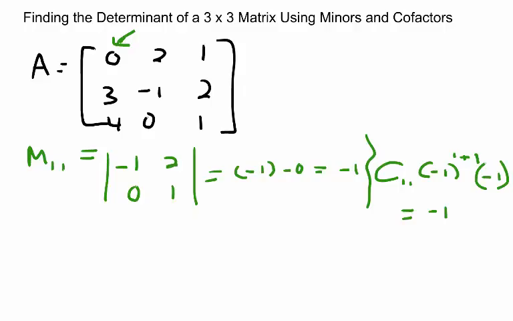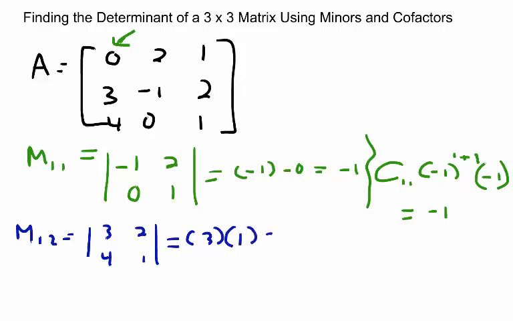Next, let's look at the minor for row 1, column 2. That is the determinant for 3, 2, 4, 1, where we multiply 3 times 1 and subtract 4 times 2 from it to give us -5.